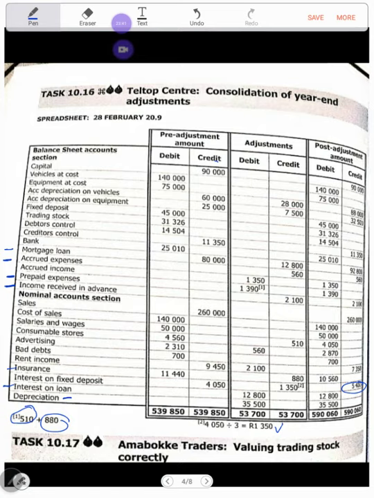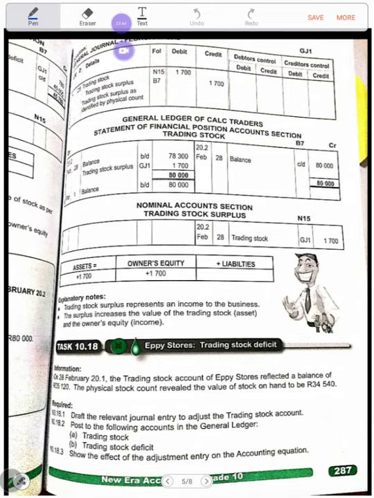Now we're moving on to the next activity. You were required to complete the trading stock deficit activity 10.18. You needed to look at the information on the 28th of February 20.1. The trading stock account for Epi Stores reflected the balance of 35,120 Rand.